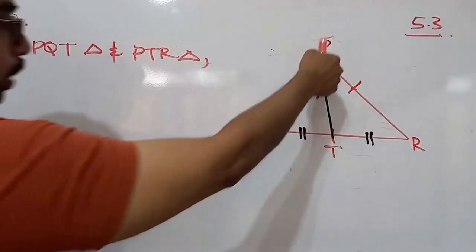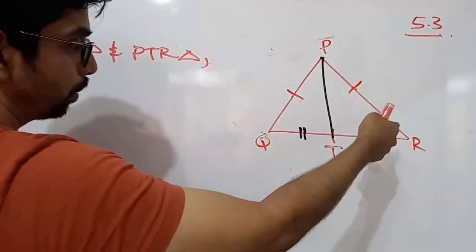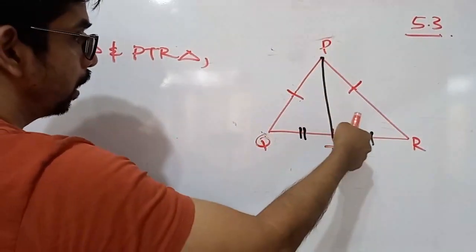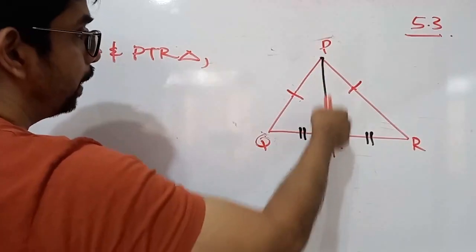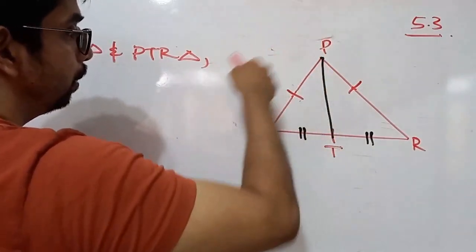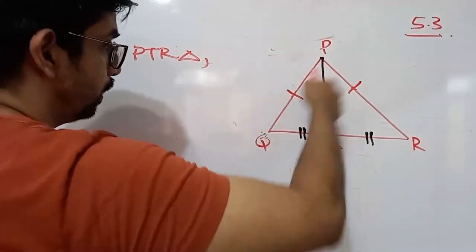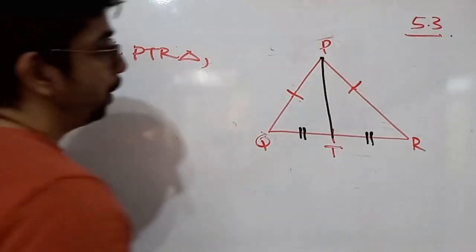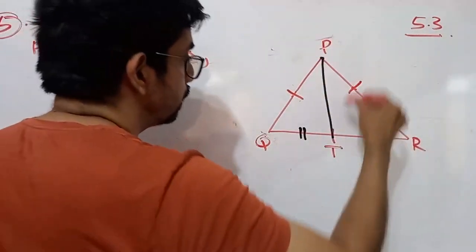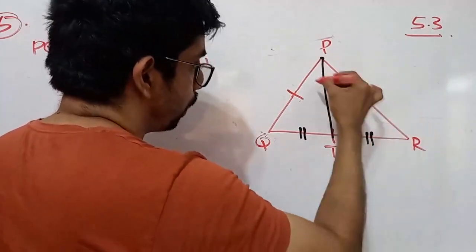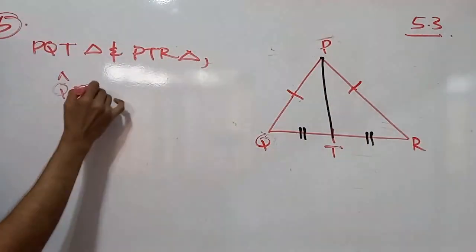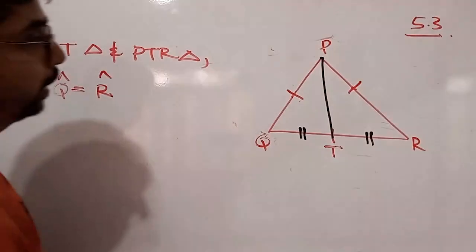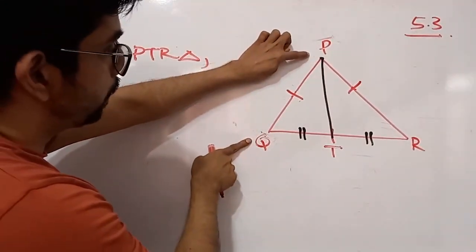Let's start with this one. I will not color this, like in the earlier questions. Right, PT side, if we take PT side and consider PQT, what's the opposite angle? Q. Angle Q. In the same manner, we will take the PT side and consider the PTR triangle. What's the opposite angle? R. Then we have PQ. What's the opposite angle?